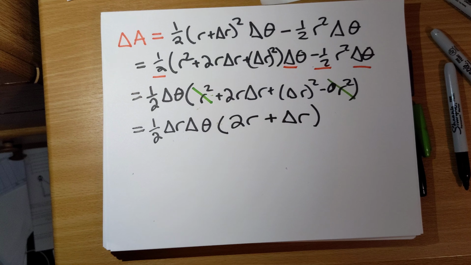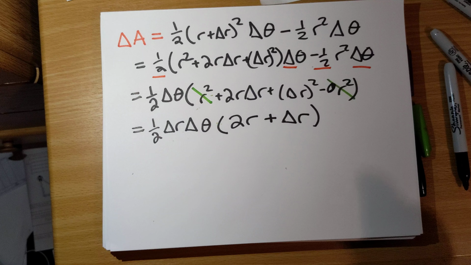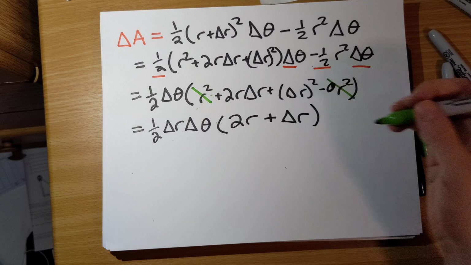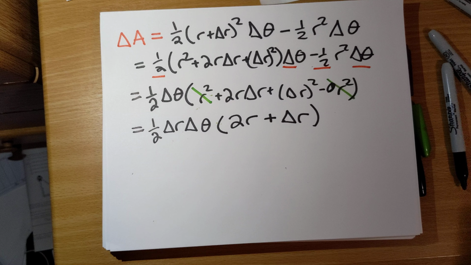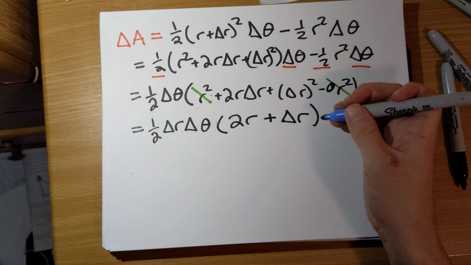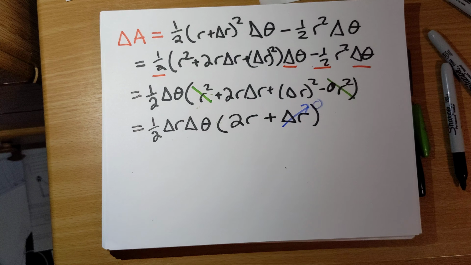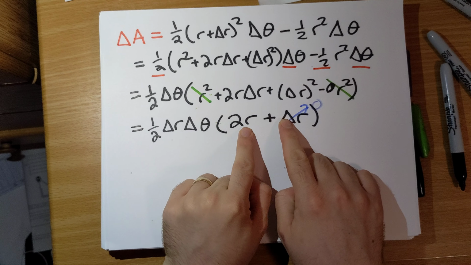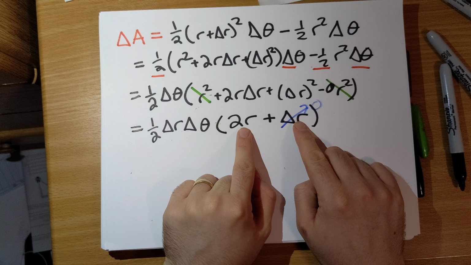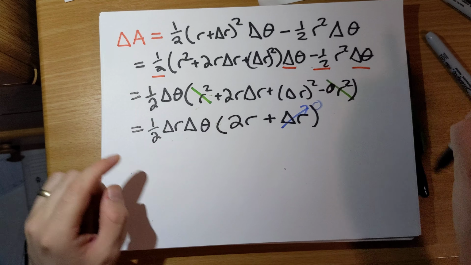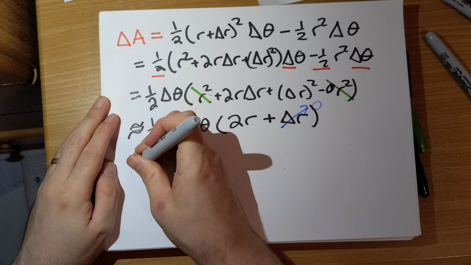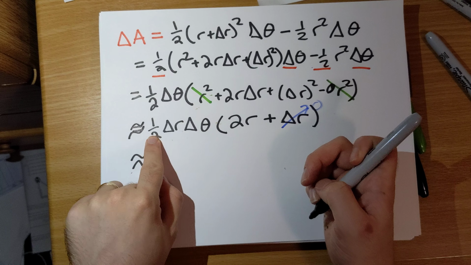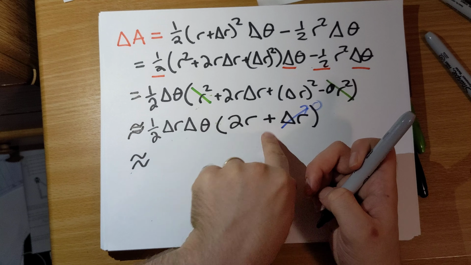Now, we're thinking of delta r and delta theta as very tiny, infinitesimally small objects, or more formally speaking, we're taking the limit as these go to 0. So in that limit, compared to 2r, delta r is essentially nothing, so we get rid of this term. Now I put an approximation here: 1/2 delta r delta theta times 2r.